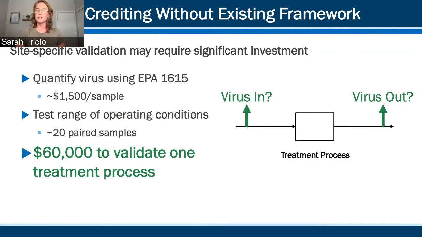So you might be looking at many tens of thousands of dollars to validate one treatment process. So I just want people to understand that this can be done and it will require significant investment. You'd have to coordinate with DPH about your test plan and your data analysis and understanding the conclusions. So that is an option.